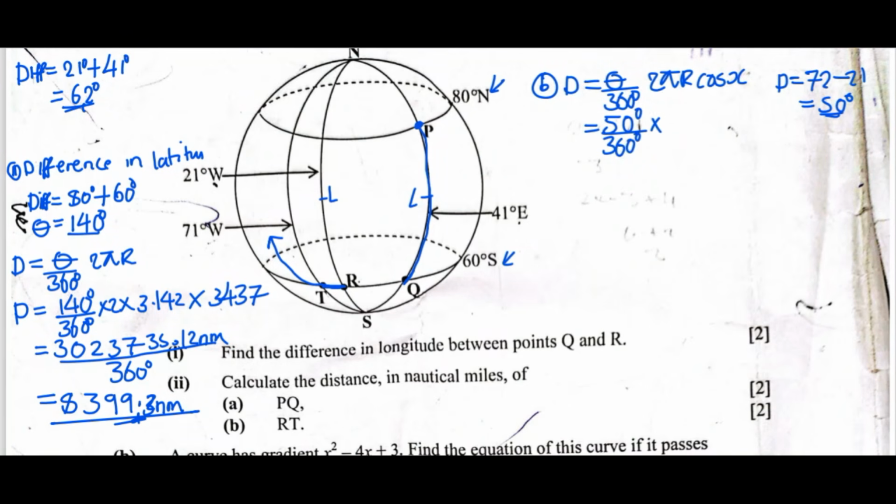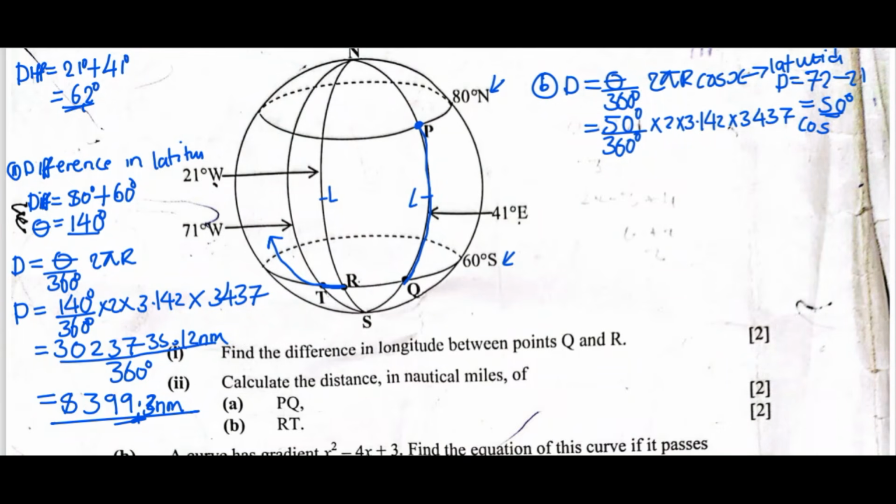360 times 2 times the pi 3.142, then 37, then we'll have cos. Now the value that we are supposed to put where there is x, you put the value of the latitude where the letters are lying.